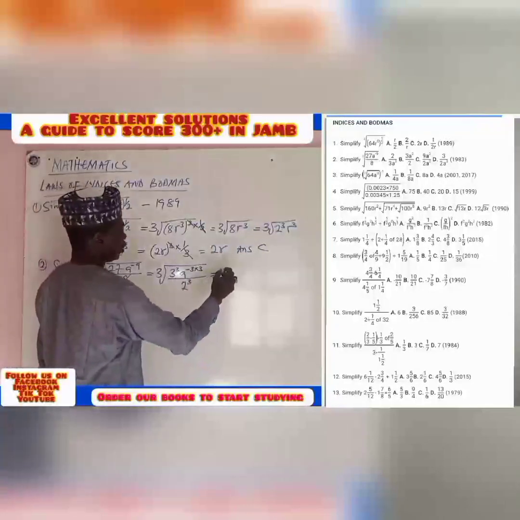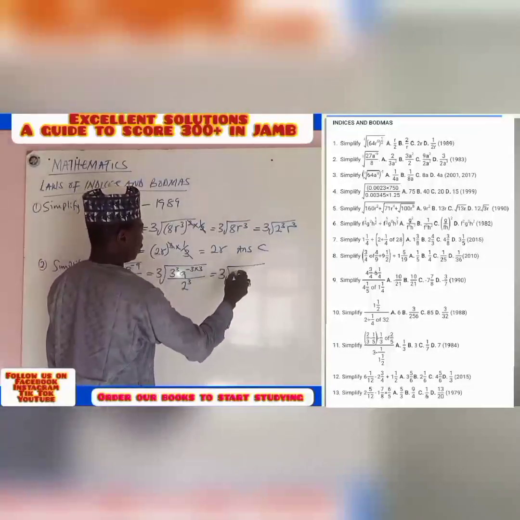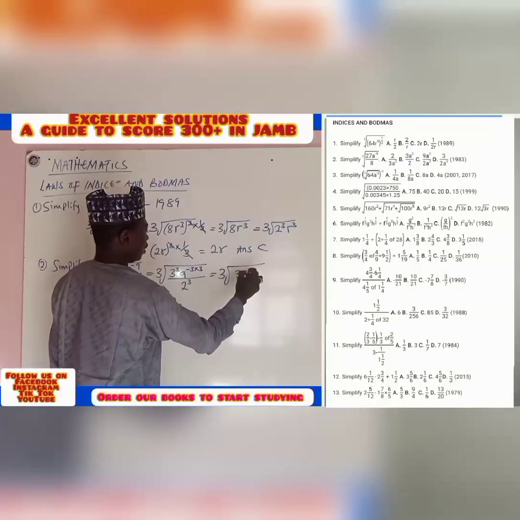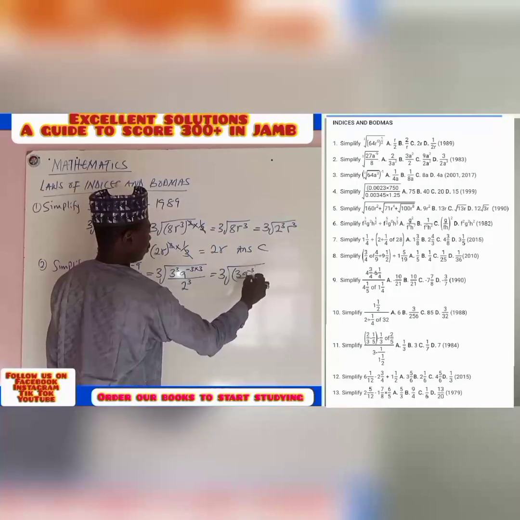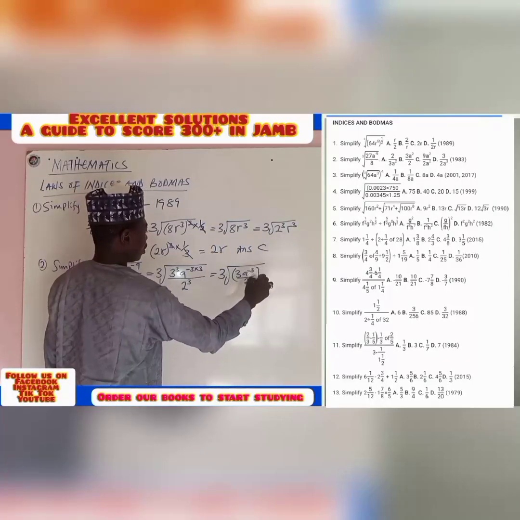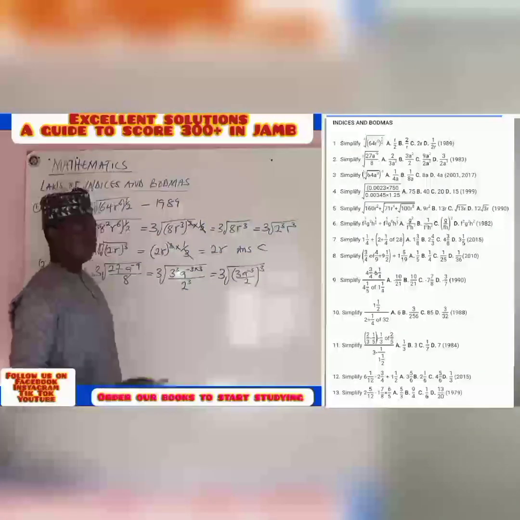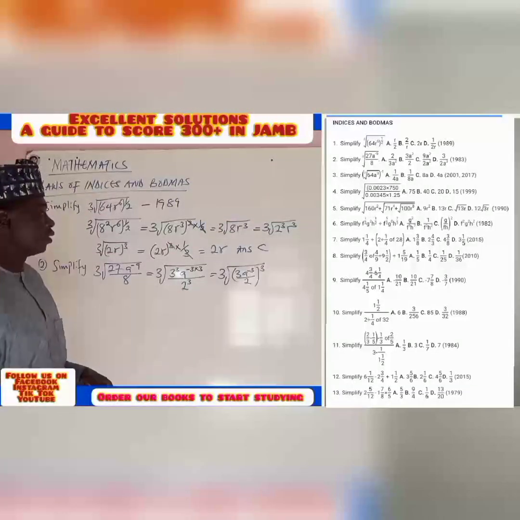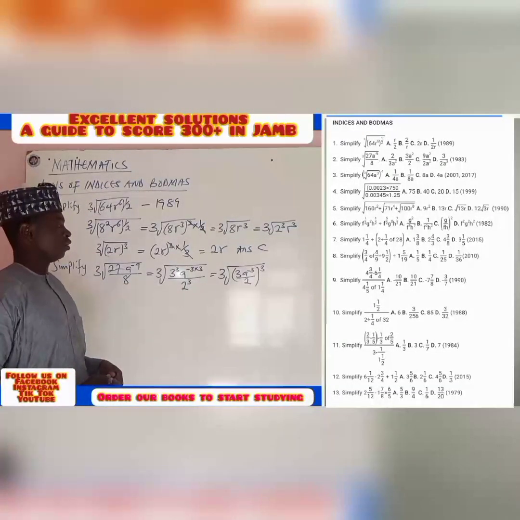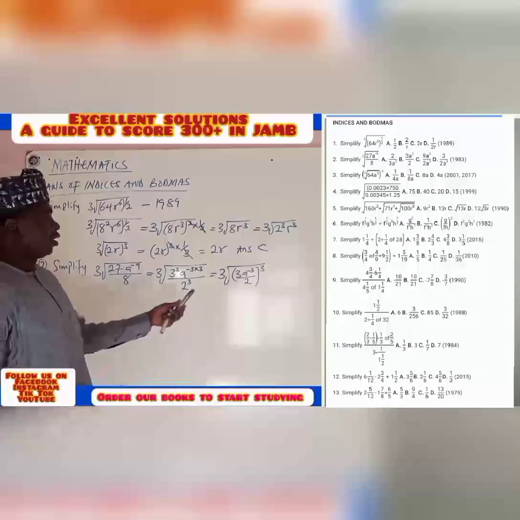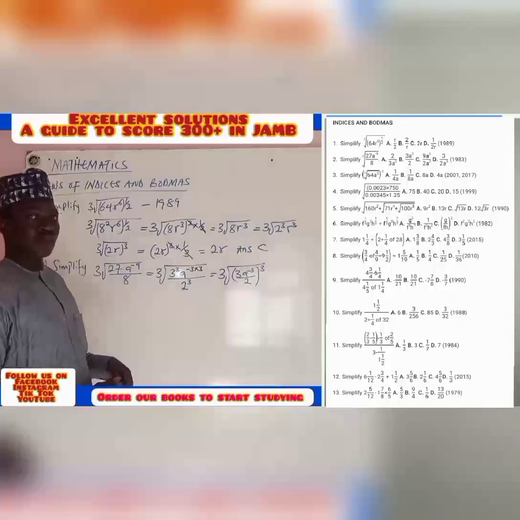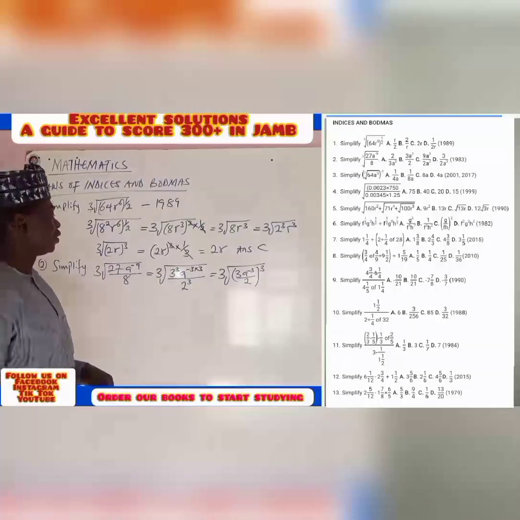This is now the same as the cube root of (3a raised to the power of minus 3 all upon 2), all of them having a power of 3 according to the laws of indices. By this reduction, this cube root is the same as power 1 upon 3.